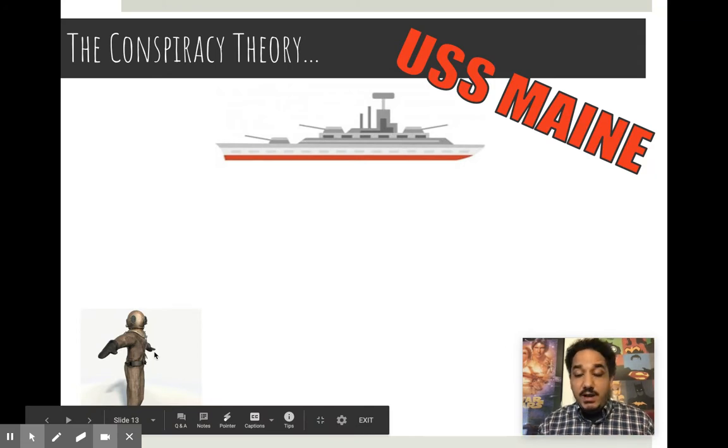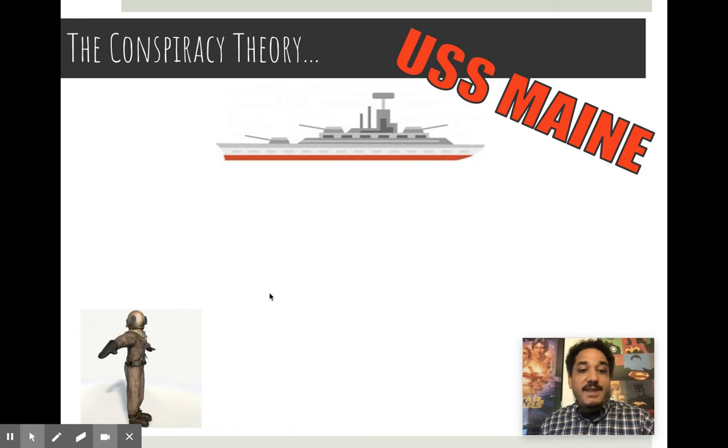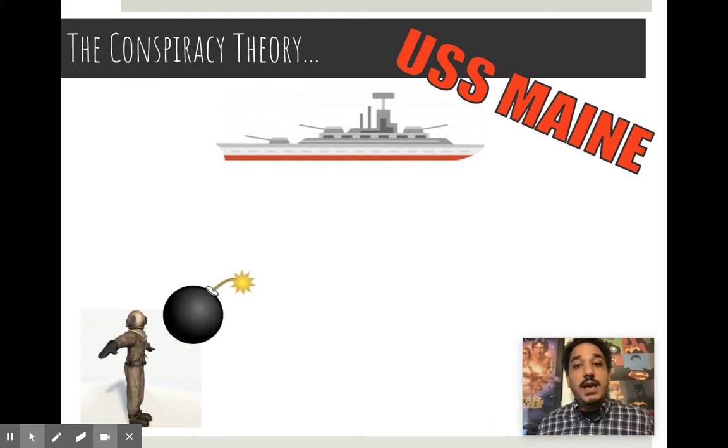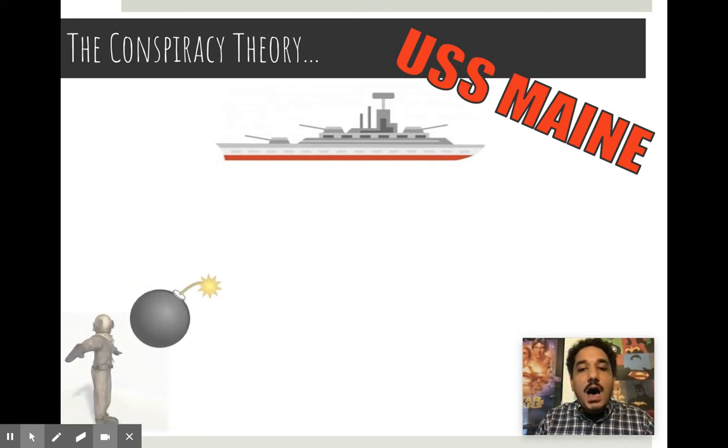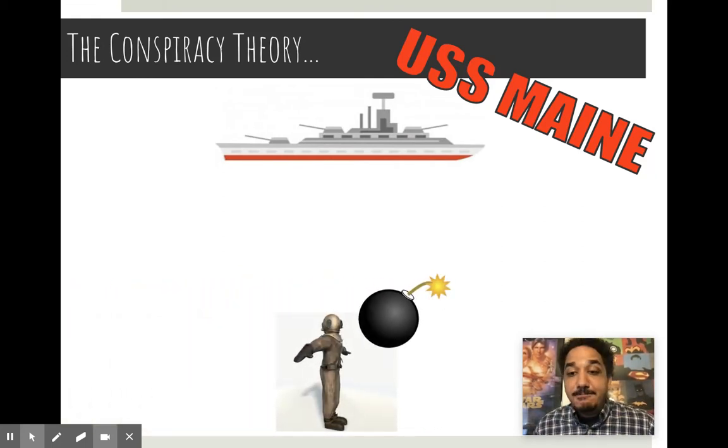So here was the theory. There was a Spanish guy, in an old-fashioned diver suit at the bottom of the ocean at night when it was totally completely dark. Oh, by the way, this guy had a bomb. Yeah, a big old mine, like huge mine. And by the way, this mine would have been bigger than the dude himself. And this dude walks under the ocean in the middle of the night underneath the USS Maine.